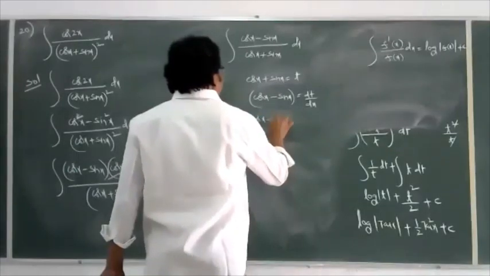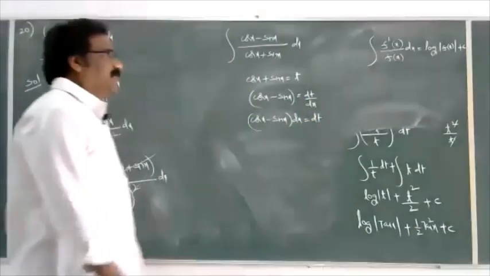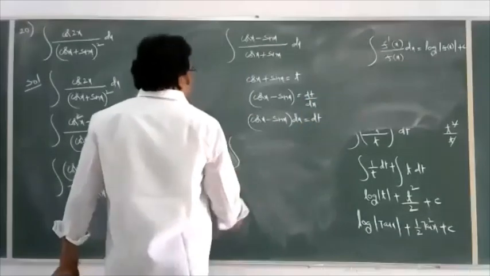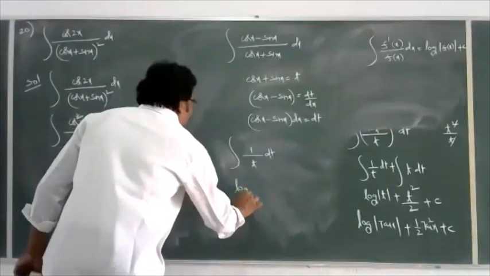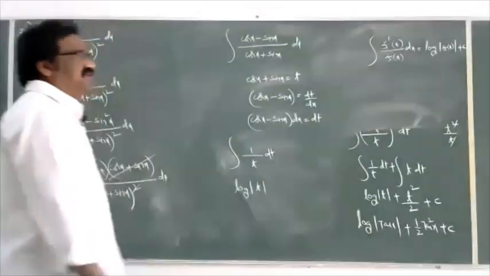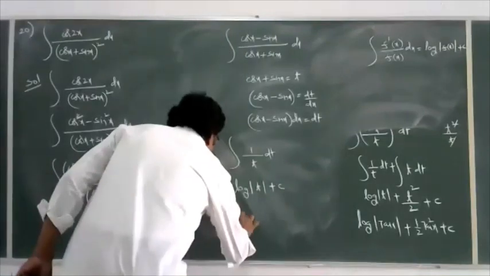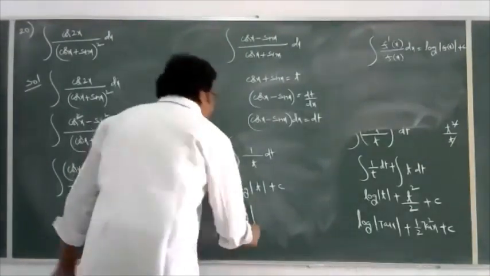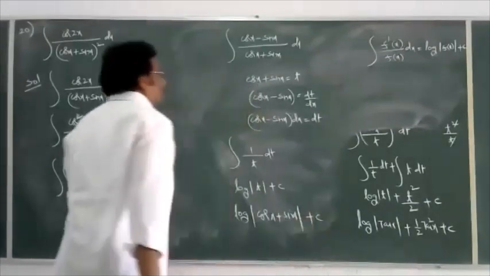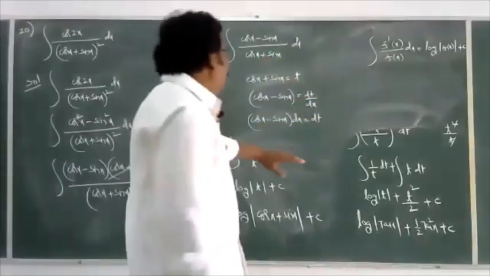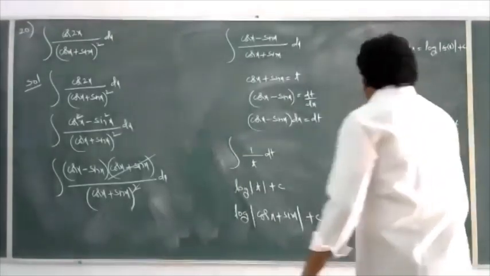Then (cos x minus sin x) into dx is equal to dt. That is integral 1 by t into dt, which is log mod t plus c. So this is log mod (cos x plus sin x). By using this formula directly, you can reduce the steps depending on the number of marks.